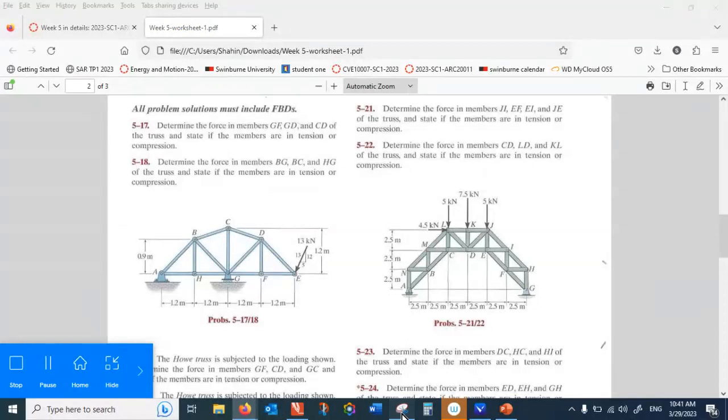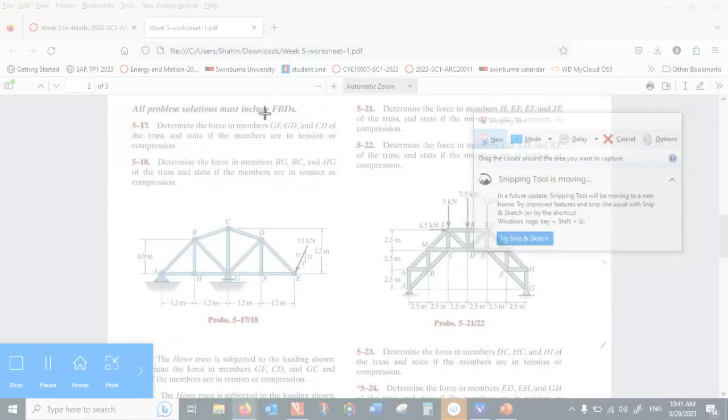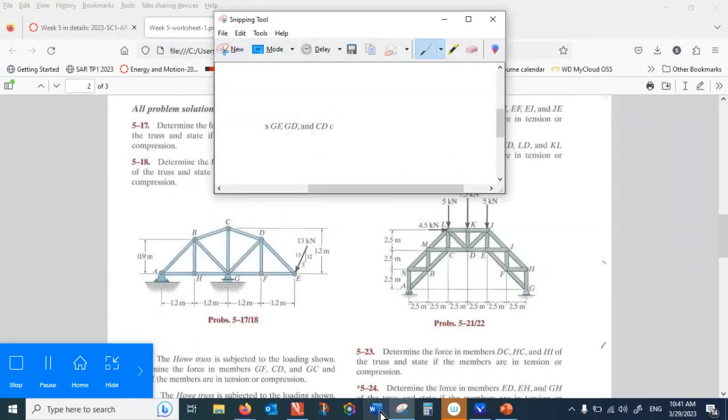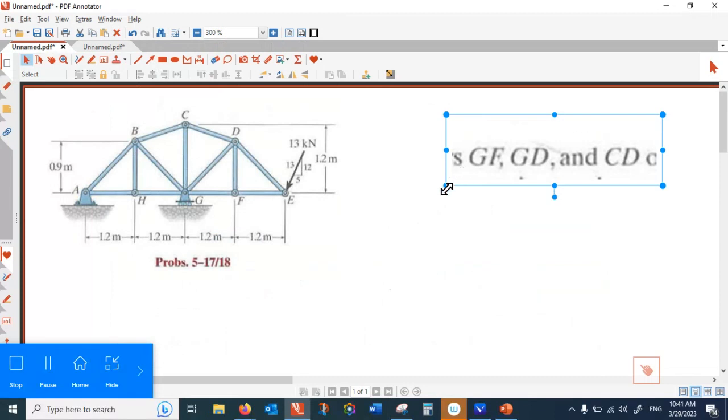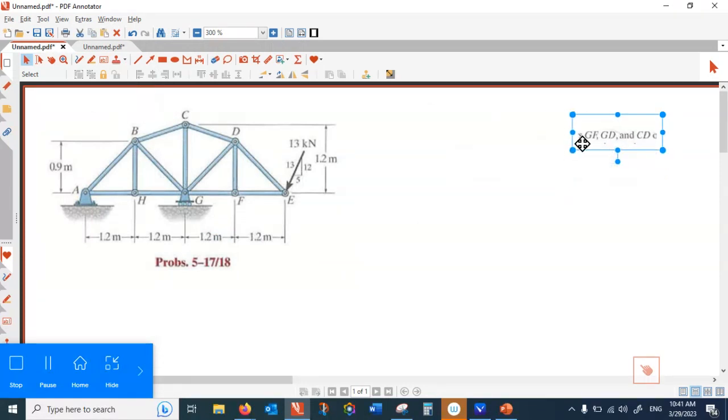So in 17, we are seeking GF, GD, and CD. So let's see how this will be done. So these are the forces in GF, GD, and CD.